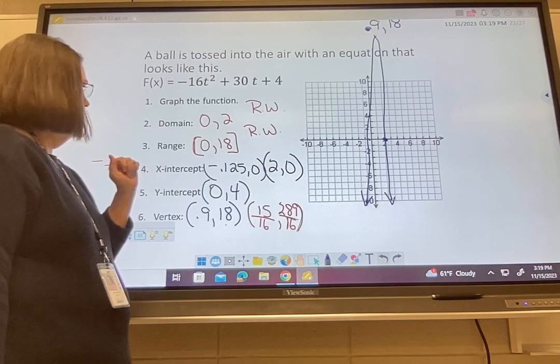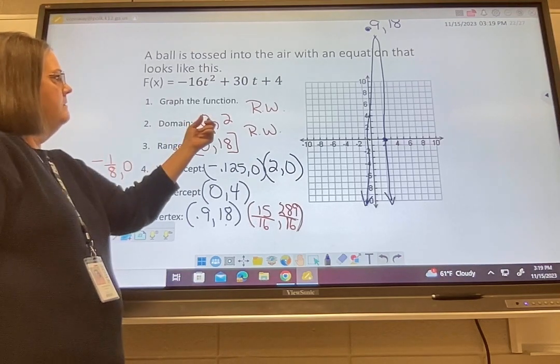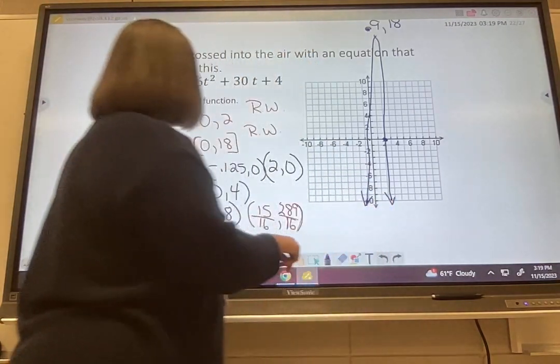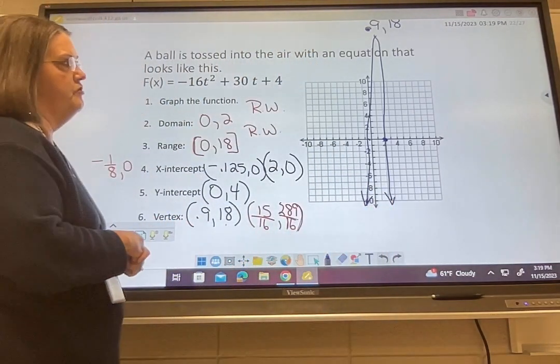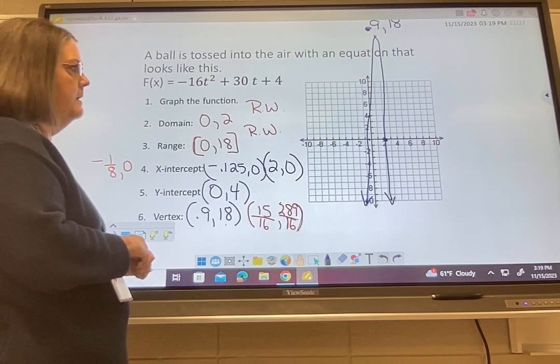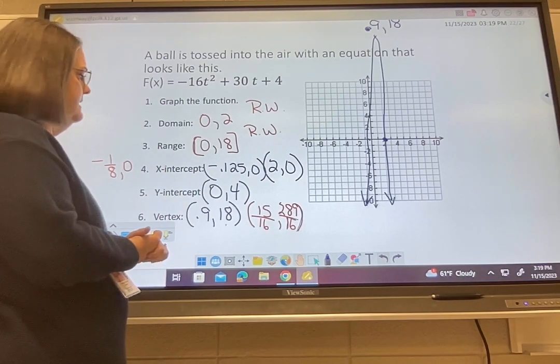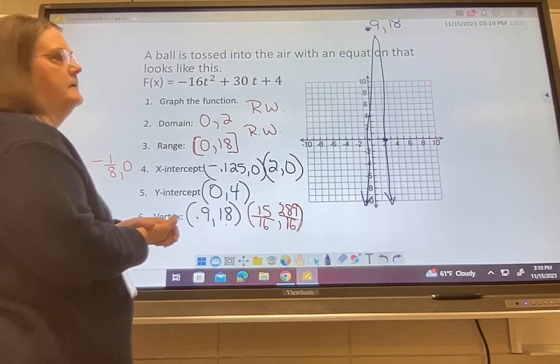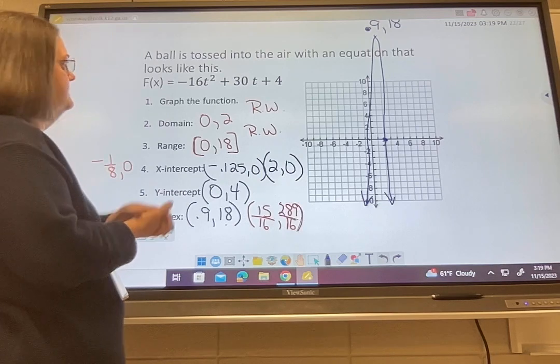They both work. All right, the domain, this one is going from, in all honesty, now, if this were just a graph of any kind, it would be from negative infinity to infinity. But because this is a ball tossed in the air, you don't have negative infinity seconds.